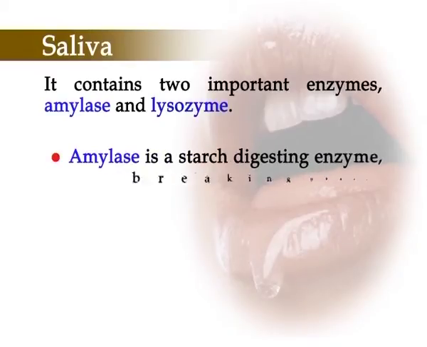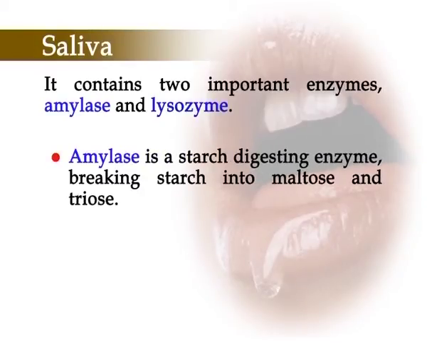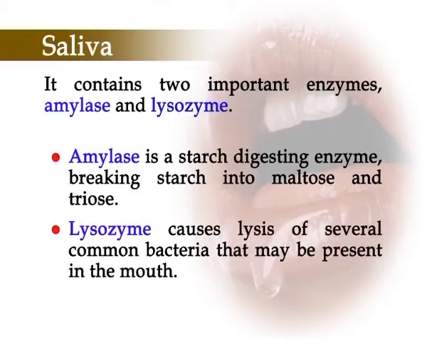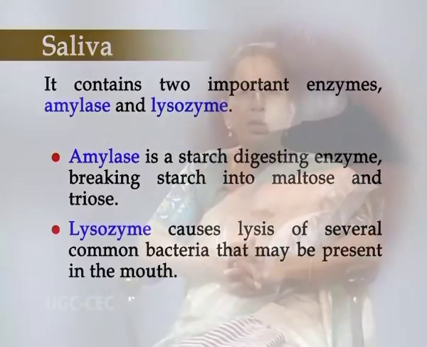Amylase is a starch digesting enzyme, breaking starch into maltose and triose. Lysozyme causes lysis of several common bacteria that may be present in the mouth. Mucin in saliva helps to lubricate the food for swallowing.